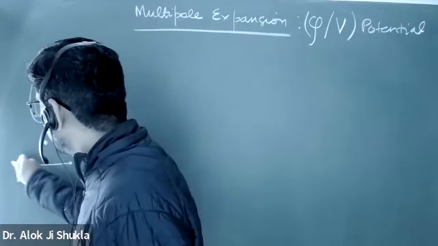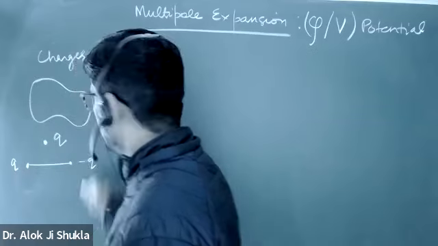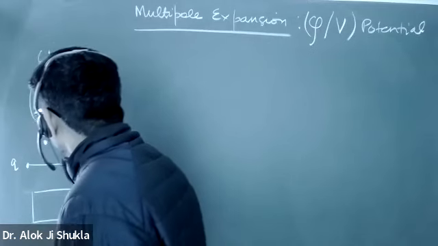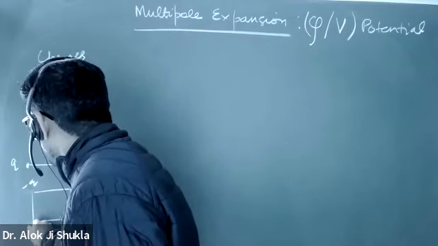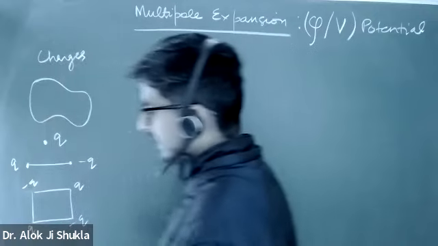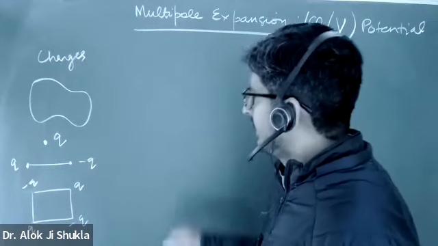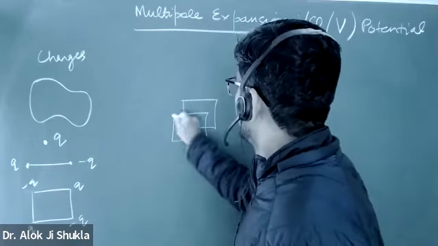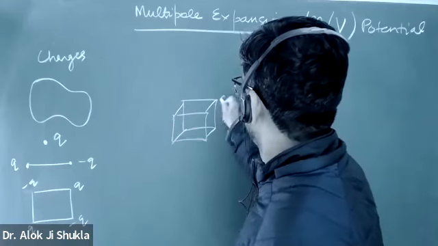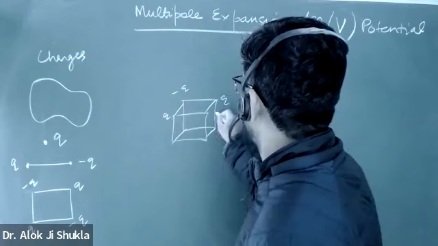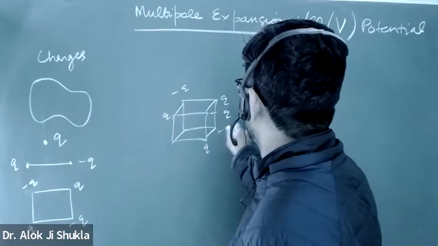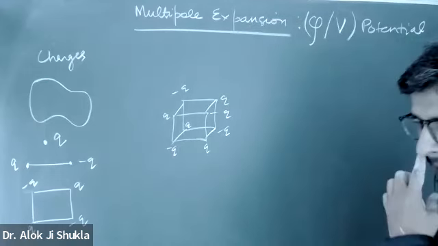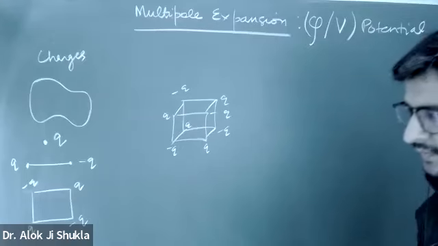Charges arranged like this, Q and minus Q, is called dipole. Charges arranged like this, Q minus Q, Q minus Q, is called quadrupole. And similarly, charges arranged like this, Q minus Q, Q minus Q, Q minus Q, Q minus Q, is called octopole. Similarly, other configurations can be made.